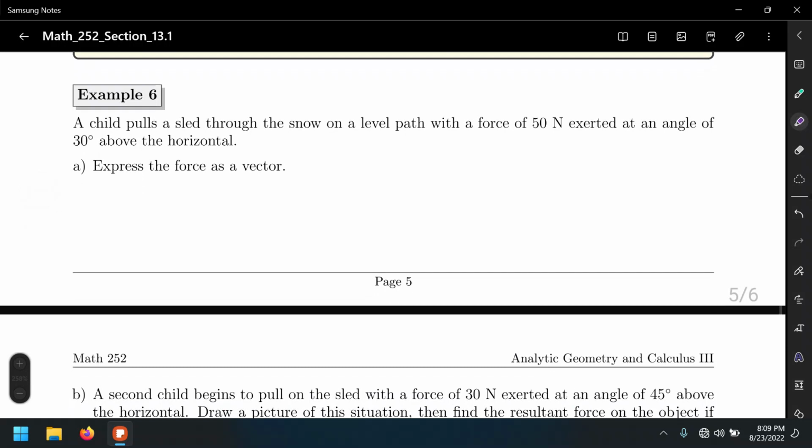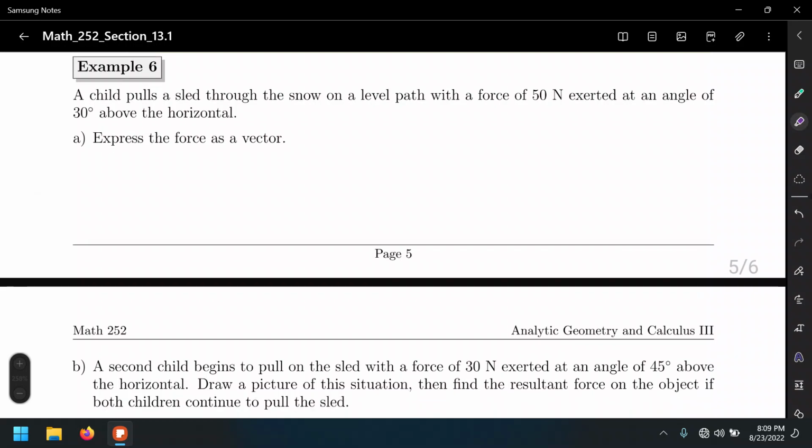Okay, a child pulls his sled through the snow on a level path with a force of 50 newtons exerted at an angle of 30 degrees above the horizontal axis. Express the force as a vector. So first of all, let's draw an arrow here to represent a vector that's 30 degrees, and let's call this vector V for this force.